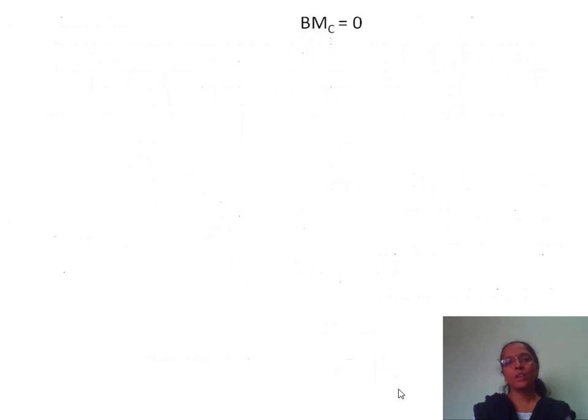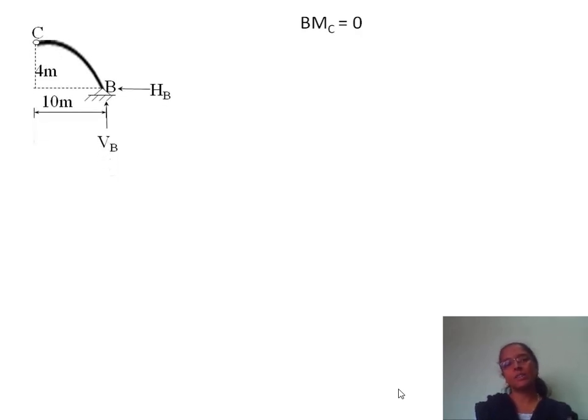So next, to find the horizontal thrust, we have to apply bending moment at the crown and equate it to 0. So from the simplification point of view, let us consider the right part, as the right part does not have any loading. So let us consider bending moment at C right and equate it to 0.